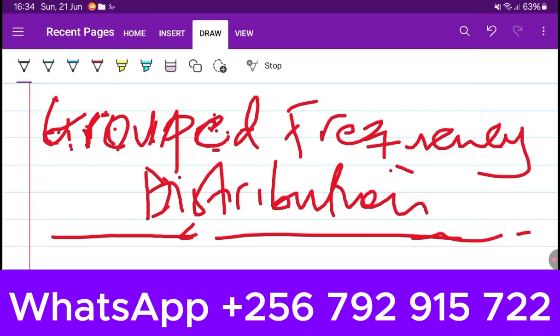So we basically arrange the data into what we call classes, and then we give their related frequencies. So when the data set is large, the data must be grouped into classes.